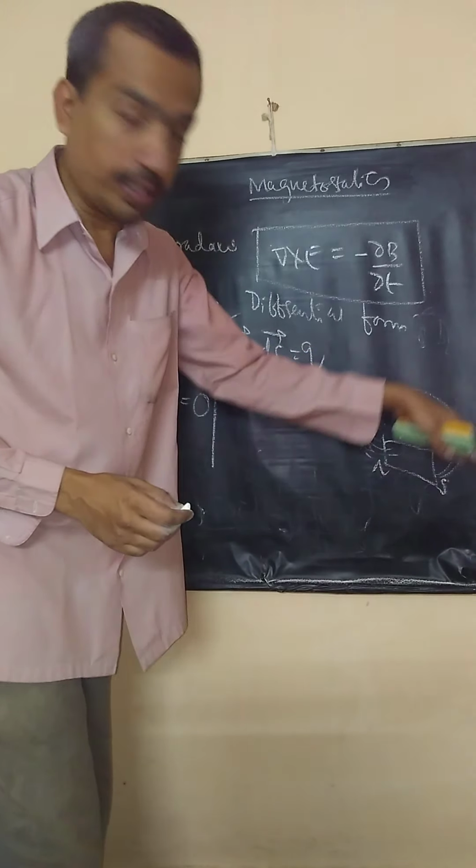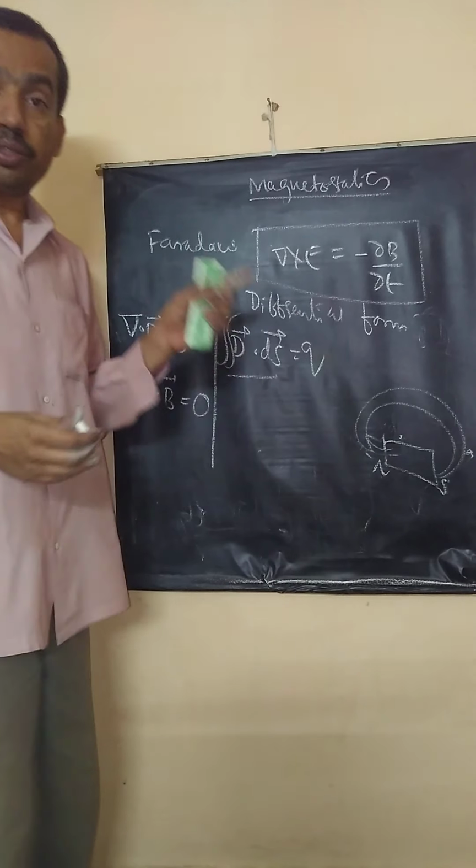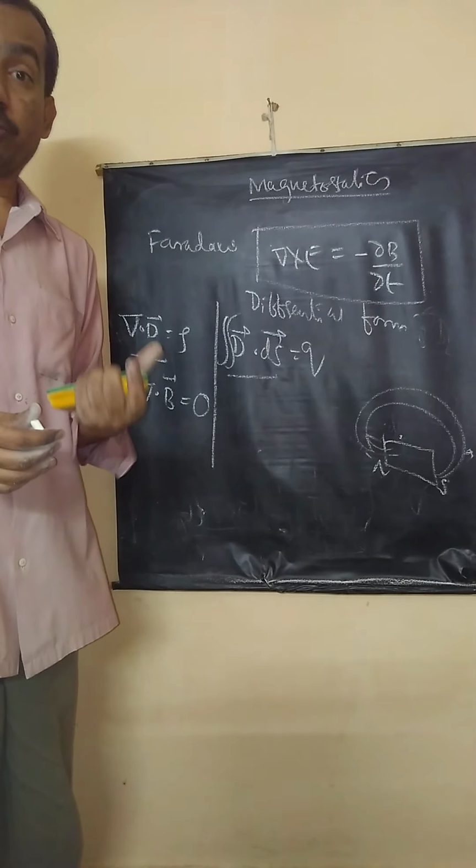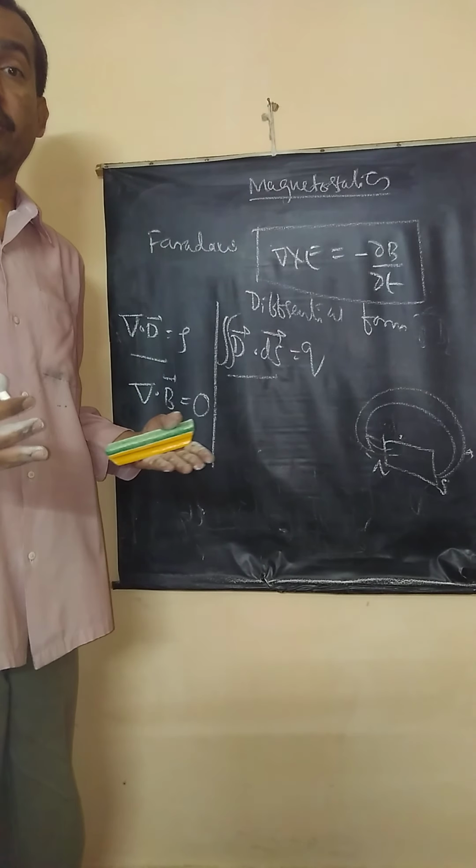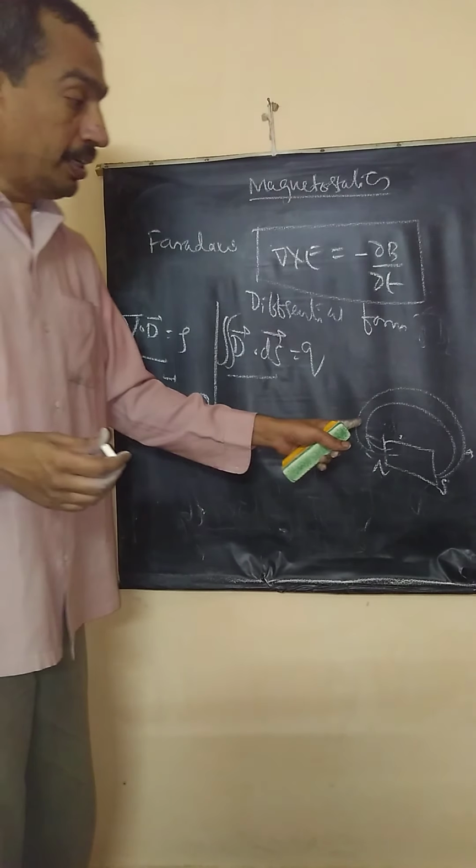This is not true in electrostatics. Positive charge is always giving out electric flux. Negative charge, convergence of electric flux. But here, since magnetic dipoles exist together, they cannot be separated. For any surface, the number of flux lines going out is equal to the number entering, so divergence is zero.